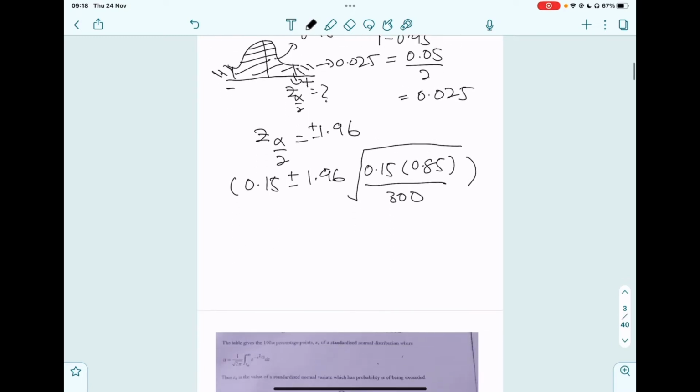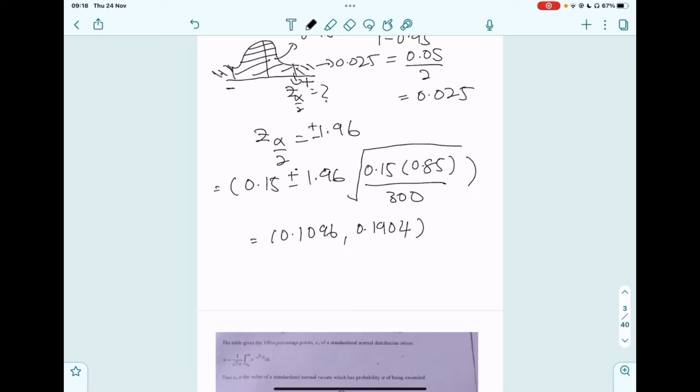The final step is just pressing the calculator, and finally for the minus one, you will have 0.1096. If we do the plus one, we will have 0.1904.